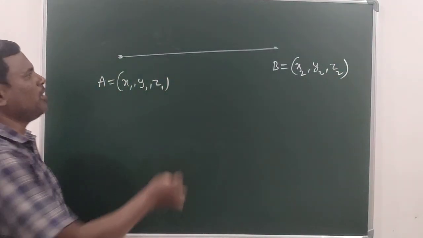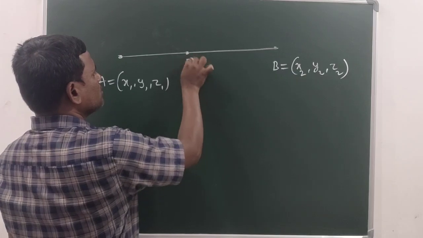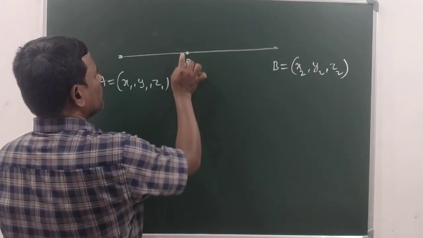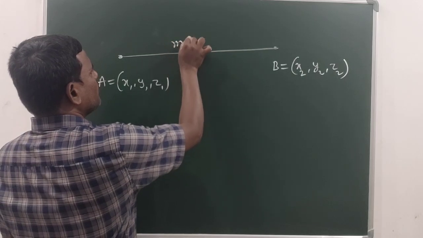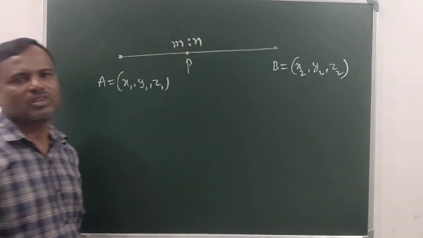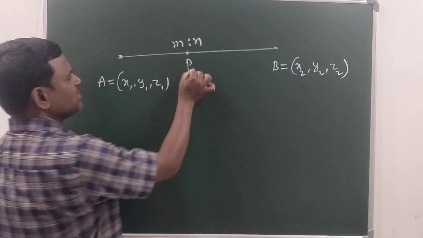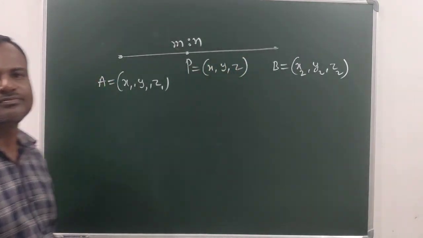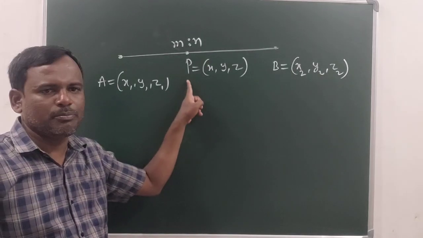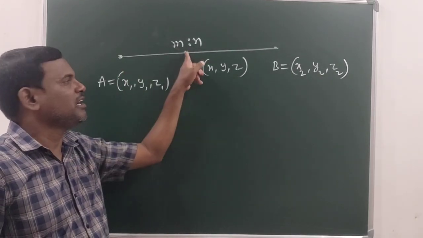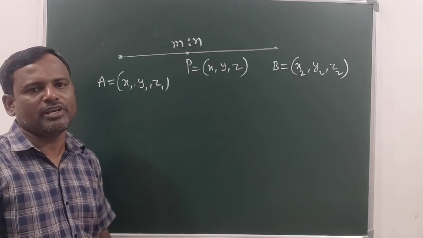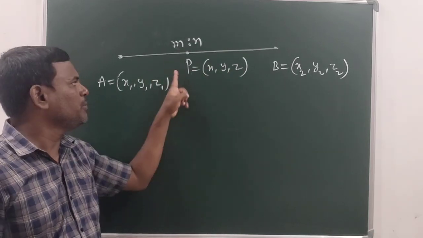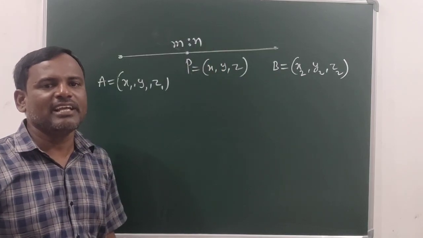Now find a point P which belongs to this line AB in space, dividing AB in the ratio m is to n. Let us consider coordinates of P be x comma y comma z. Find the coordinates of P which divides AB internally in the ratio m is to n. Because P is inside AB, I am saying P is dividing AB internally.